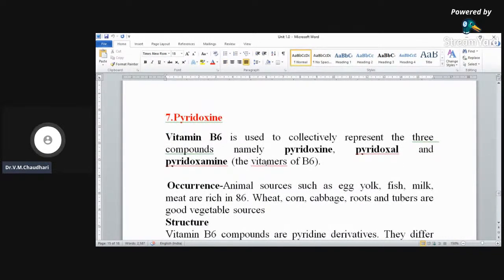Regarding occurrence, this vitamin occurs in animal sources such as egg yolk, fish, milk, and meat. These are the rich sources of vitamin B6.